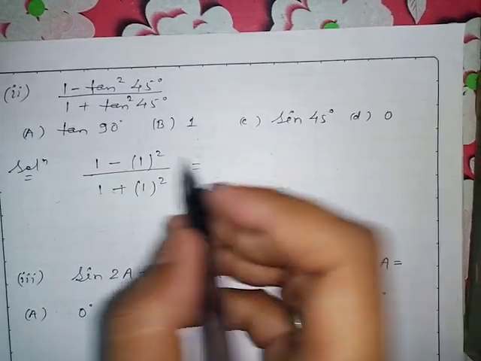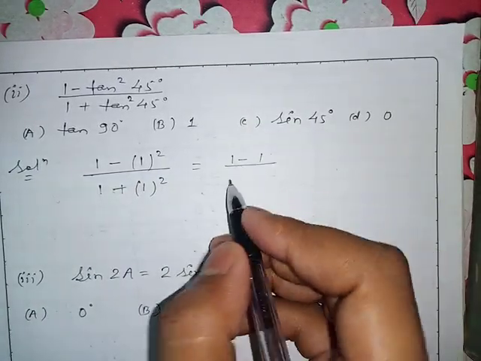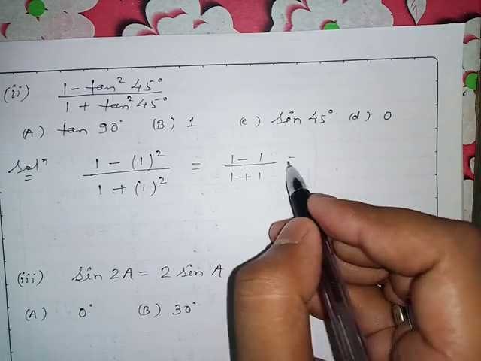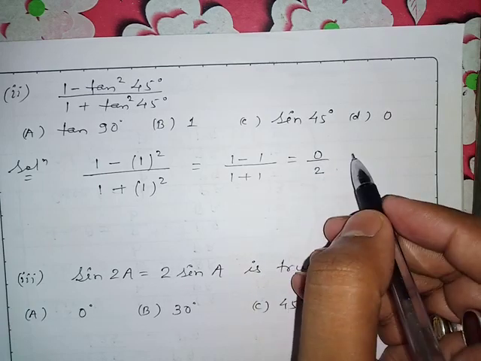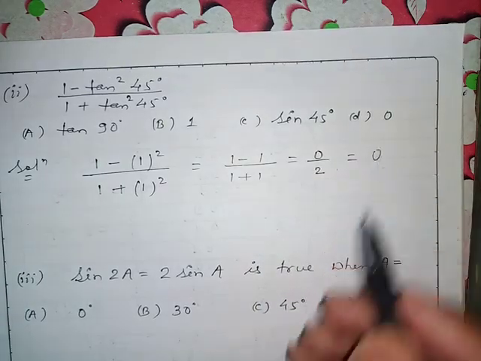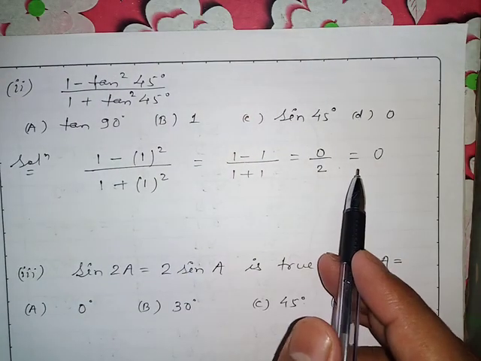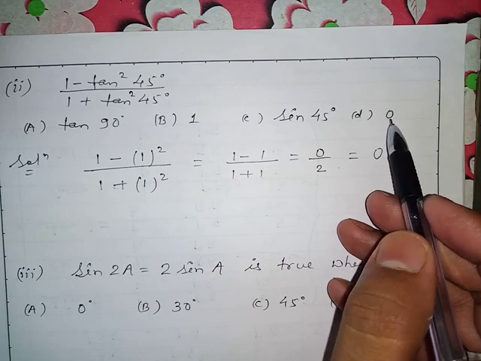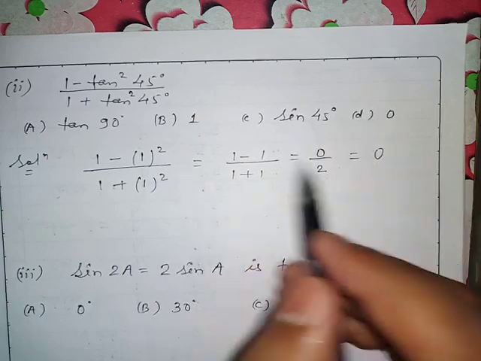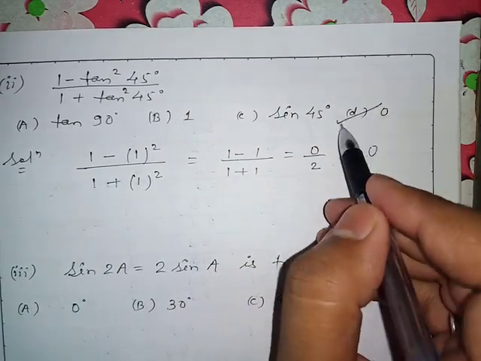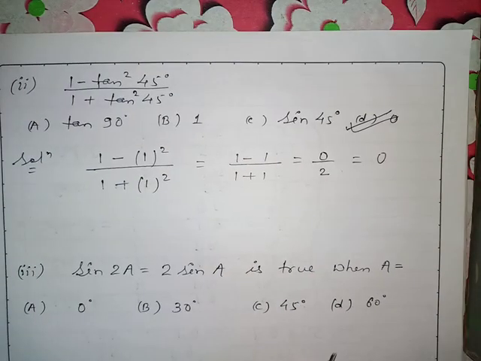Now solve for this. So this is 1 minus 1 by 1 plus 1. So this is 0 by 2. So 0 by 2 is 0. So out of these 4 options, which option is correct? This 0. So you will take option number 4, that is 0.